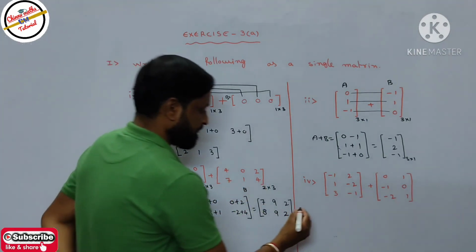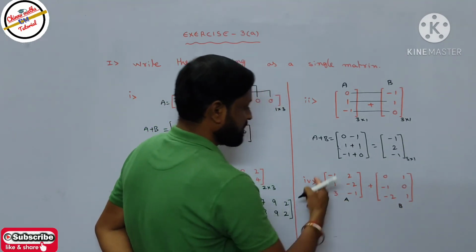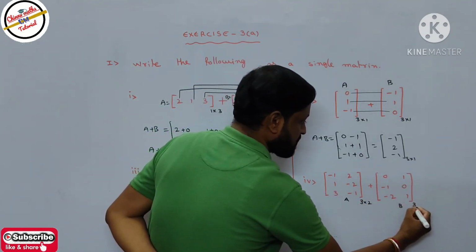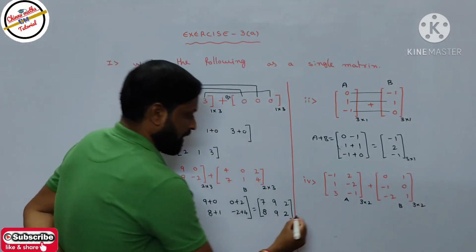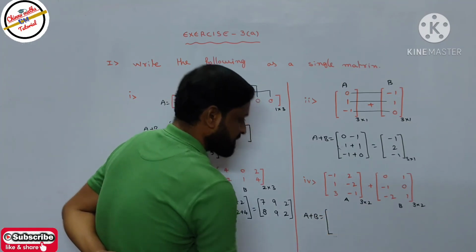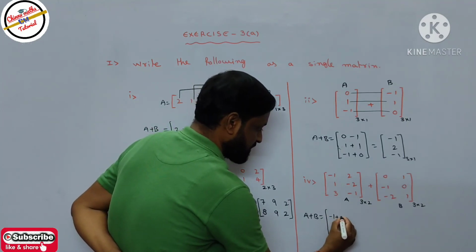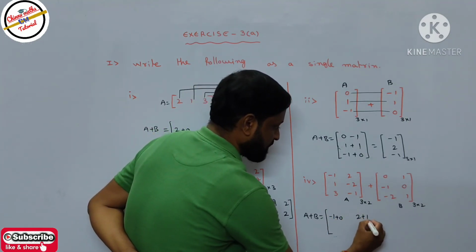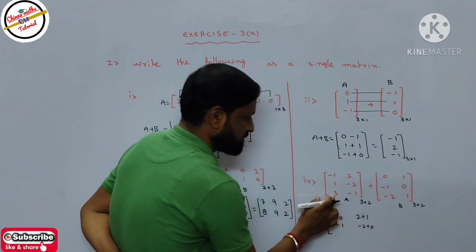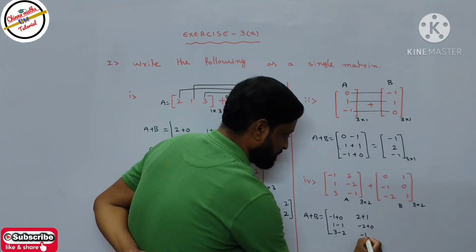Next, similarly the fourth one. Take matrix A and matrix B. How many rows are there? 3 rows and 2 columns. It is also 3 by 2. Adding A plus B, we have to write it as a single matrix. Corresponding elements: minus 1 plus 0, 2 plus 1, minus 1 minus 1, minus 2 plus 0, 3 minus 2, minus 1 plus 1.